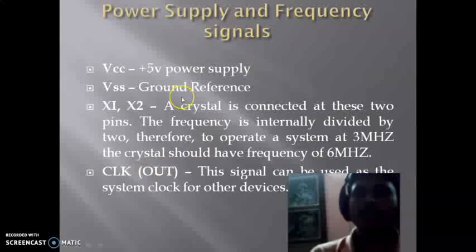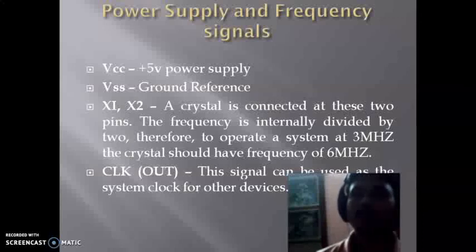Next, VCC, that is, the microprocessor is operated with a plus 5 volt supply, and we have ground, that is VSS. The microprocessor is operated with 3 megahertz of frequency.